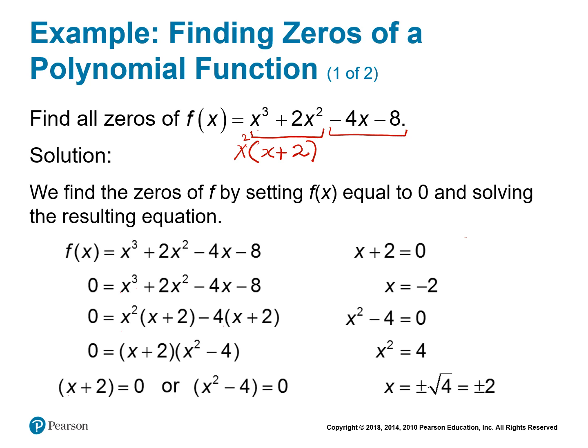Of minus 4 and minus 8, minus 4 is common, right? So we factor that out. And what do we have here? It's going to be x plus 2 within brackets, right? When you multiply it out, you should get back minus 4x minus 8. So you can verify: minus 4 times x is minus 4x, minus 4 times positive 2 is minus 8.